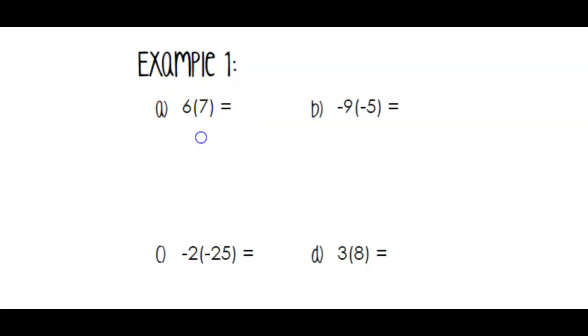So you're just going to think about this as 6 times 7. And everyone knows that that equals 42. And it's a positive 6 times a positive 7. They're both positives. Both signs are the same, so it's going to be a positive 42.